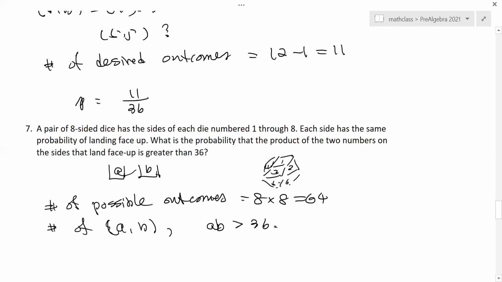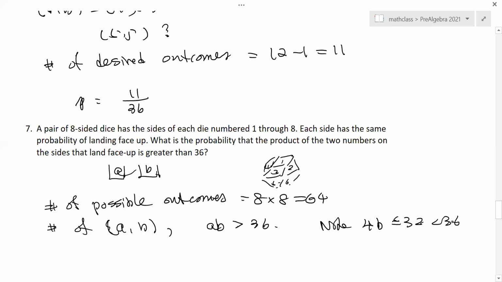So you just need to count those possible products. Let's look at A. If A is less than 5, then it's impossible, because with 4 times B, the largest value of B is 8, which gives 32, and 32 is less than 36.